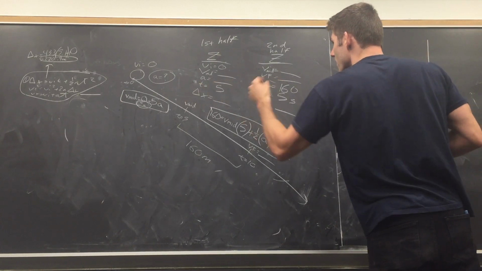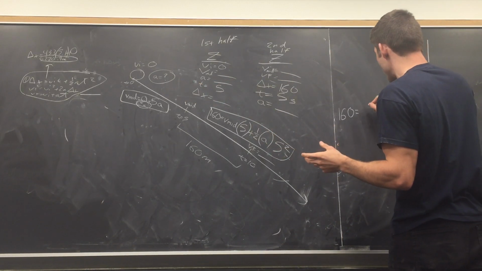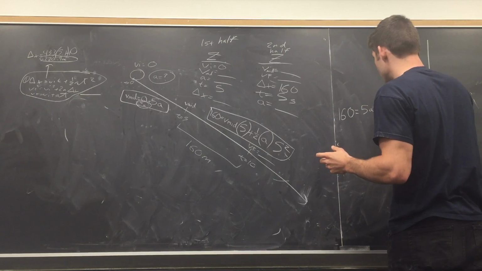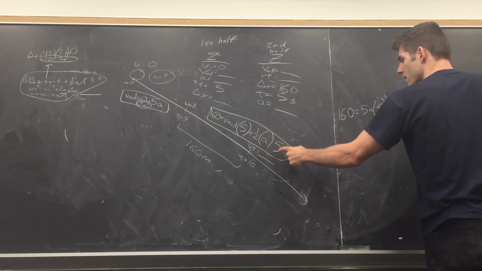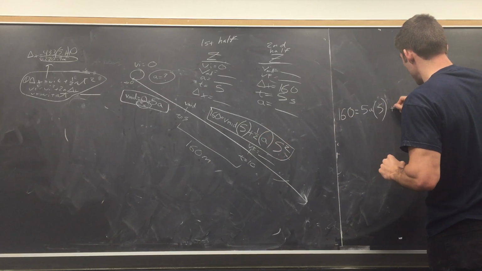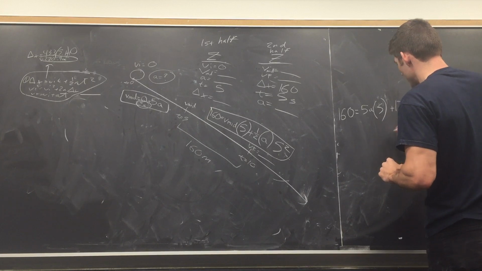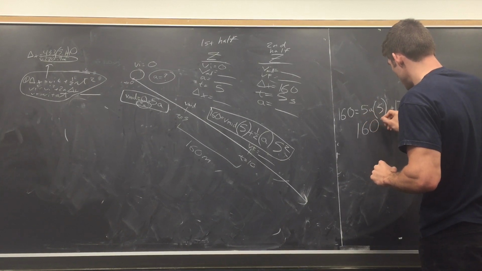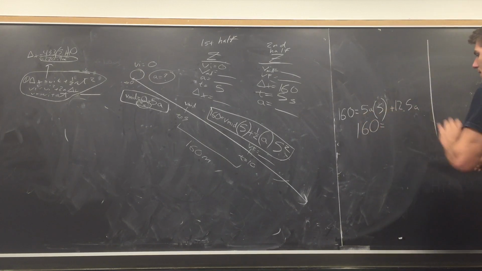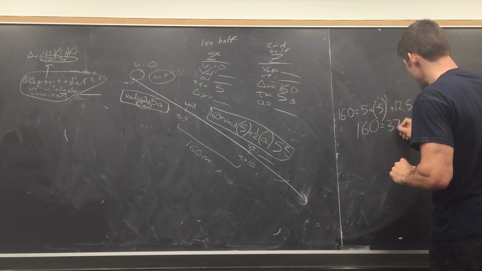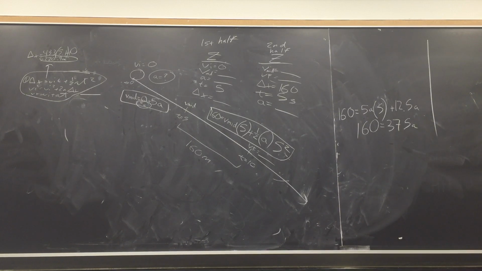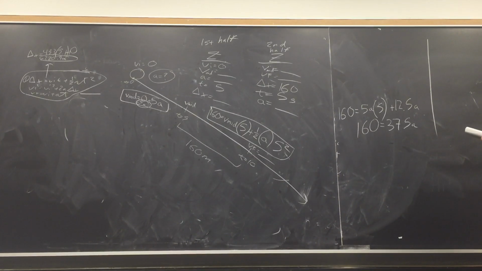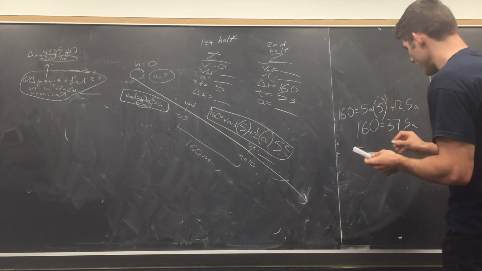Well, we realize from the first half that V mid is really just 5A. 5A times 5 plus 1/2 times 25, which is 12.5A. So 160 equals 25A plus 12.5A, which is 37.5 times the acceleration. 160 divided by 37.5 gives me 4.267.